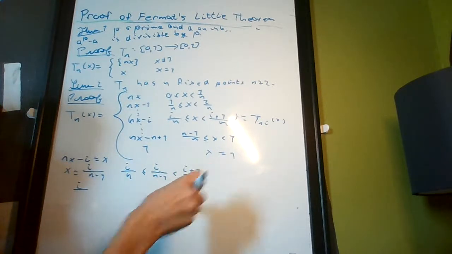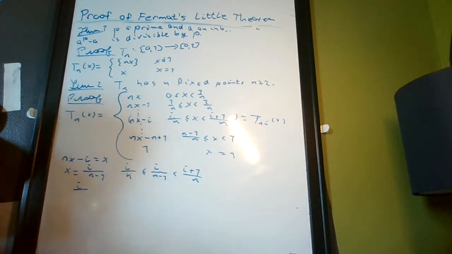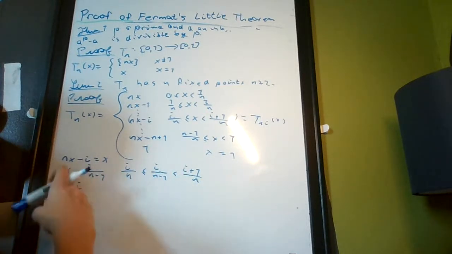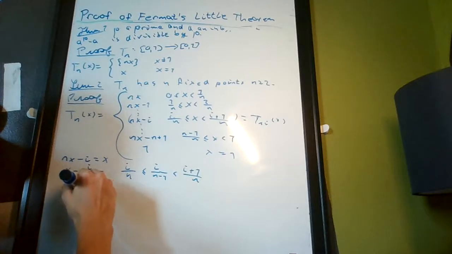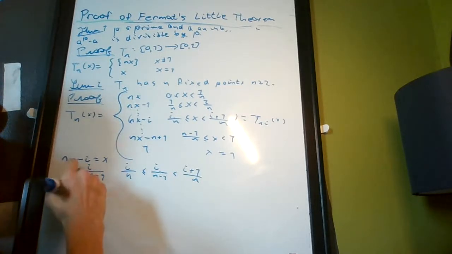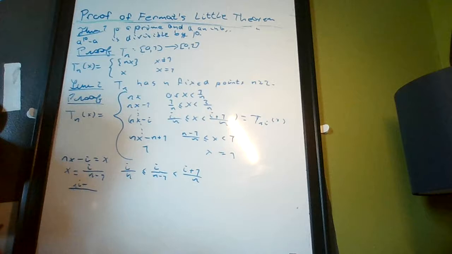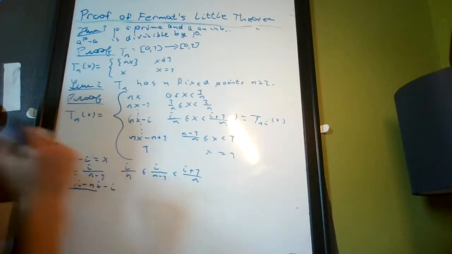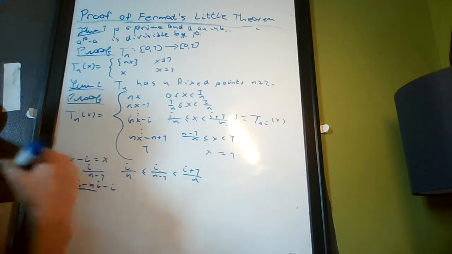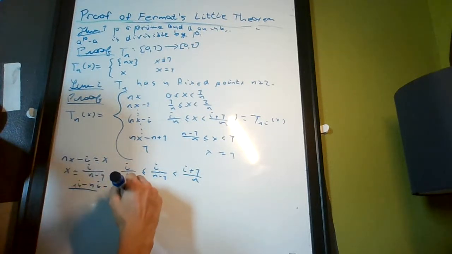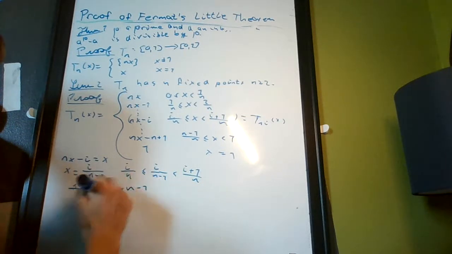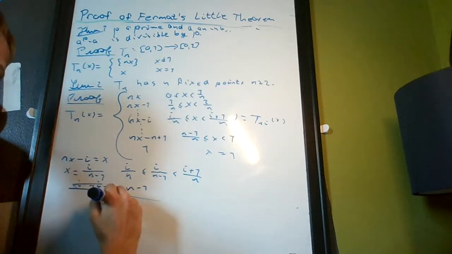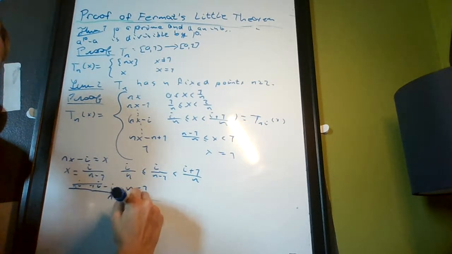Now, for the fact that it's less than i plus 1 over n, you just multiply by n minus 1 on the top and the bottom, and then multiply by n here, so you have ni minus i, and then plus n minus 1. So those cancel out. Then I get divided by n squared minus n.